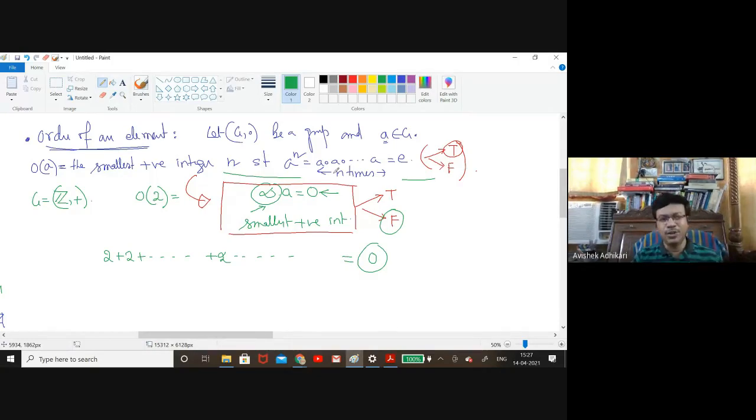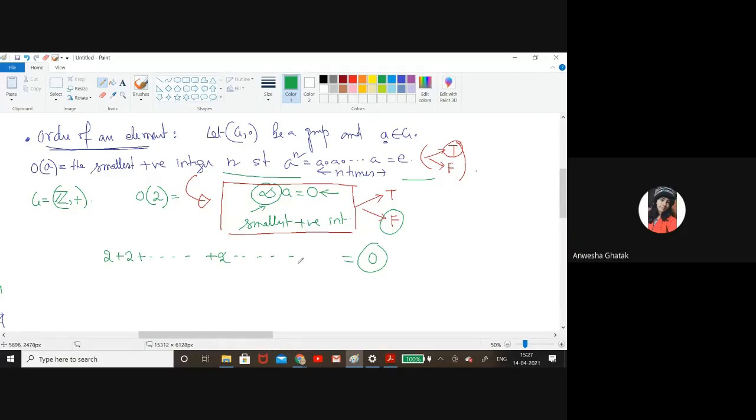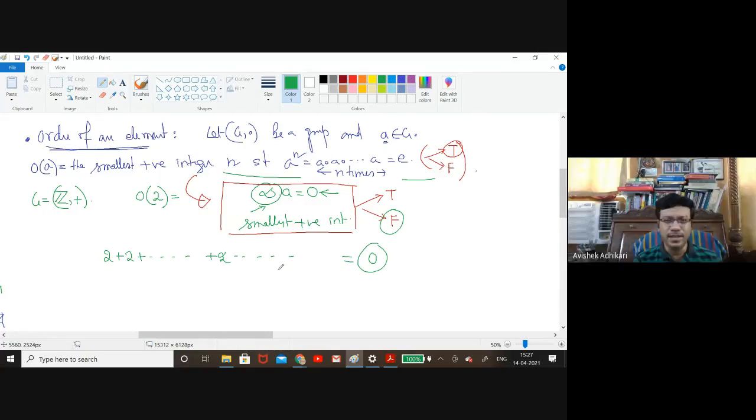Okay. So you might have read it in a book or maybe in classes, but you have missed a part of it. Yes, it says that the order of an element means the smallest positive integer. If such n exists, then only we call the order of a as n.